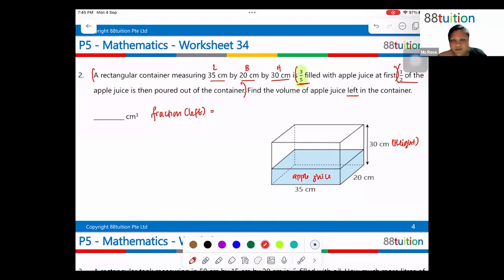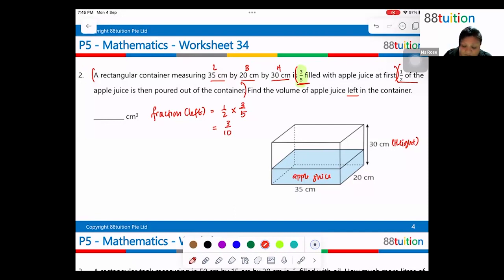Yes, Evan, thank you. Jasmine, thank you. So if it is 3/5 filled and you remove half of it, what's left is half of the 3/5, isn't it? Half of the 3/5. So I can do it this way. The fraction left is 3 out of 10.